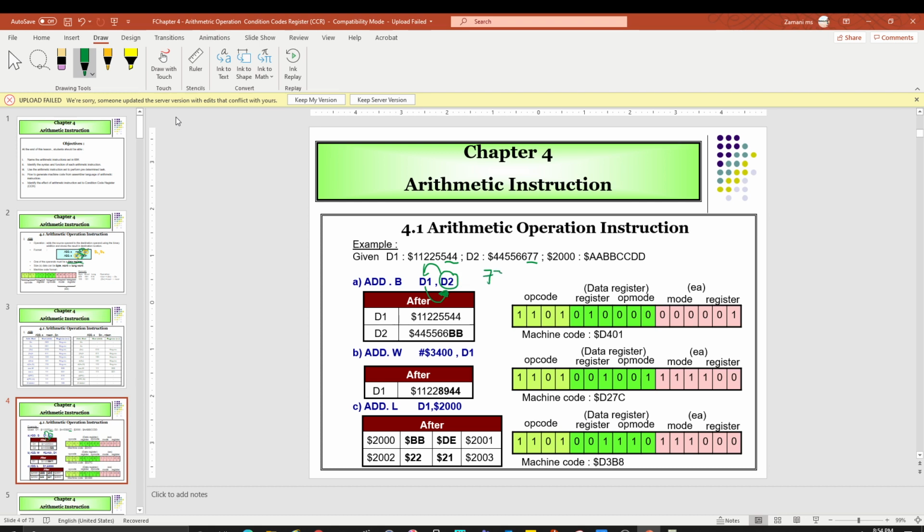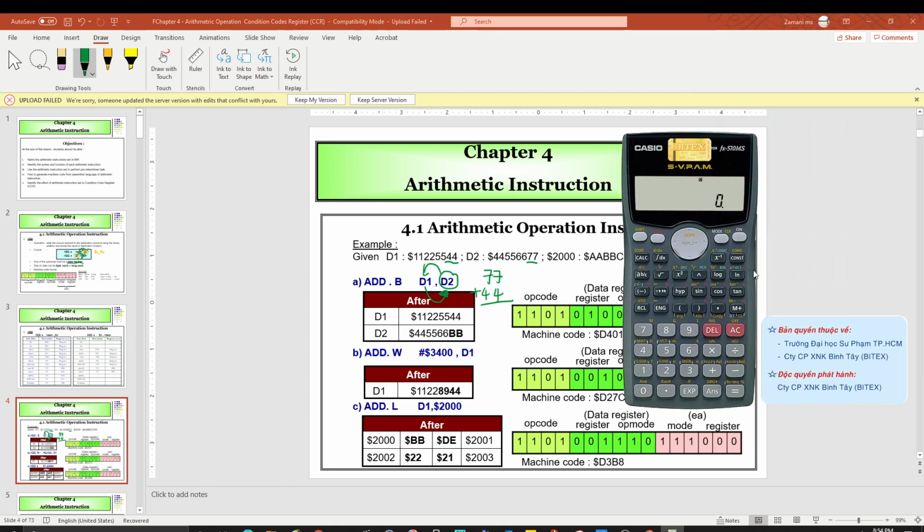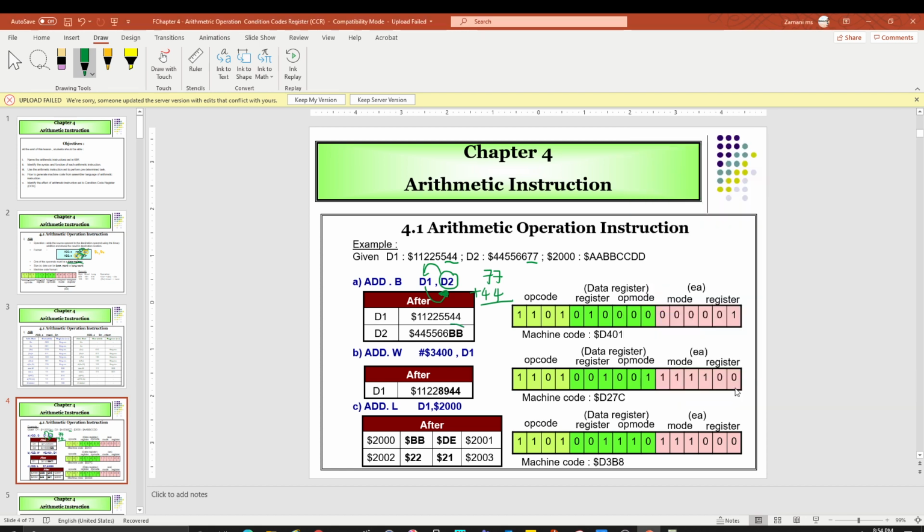So 77 plus 44 in hexa is equivalent to BB. So the answer is going to be inserted at D2.